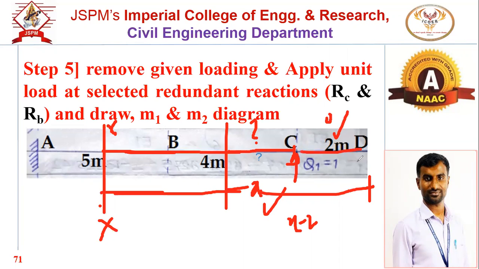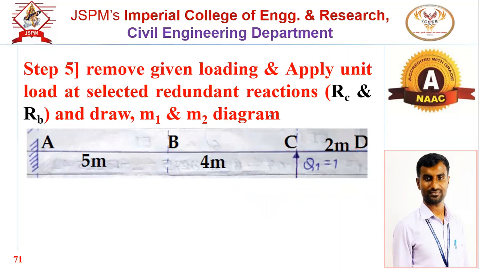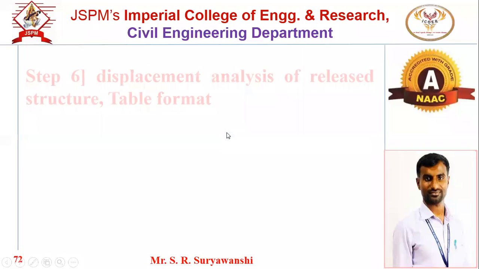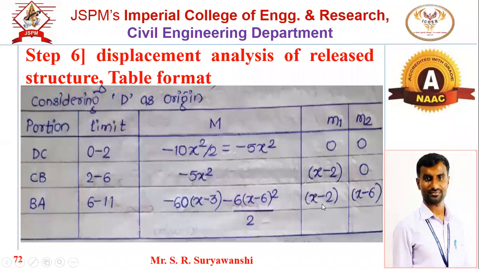The total is x, this distance is 2, and this remaining distance is the perpendicular distance. So anti-clockwise positive, 1 in bracket x minus 2. What we get? 0, x minus 2, x minus 2, because point D is the origin here.